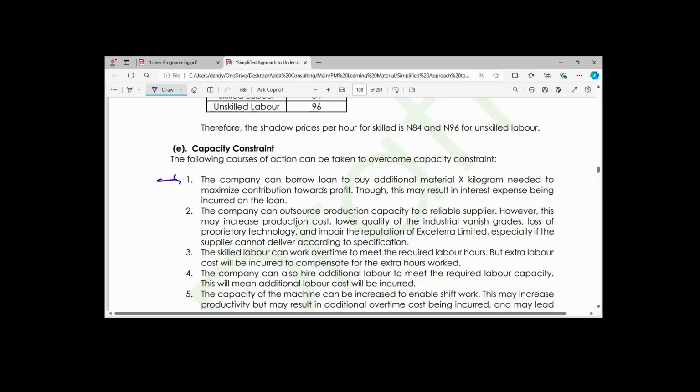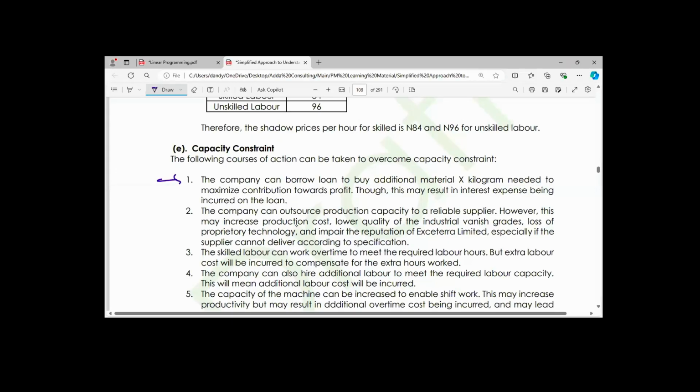However, this may increase production costs or lower quality of the industrial varnish grades, loss of proprietary technology, and impair the reputation of the company, especially if the supplier cannot deliver according to specification. You must be able to think outside the box.